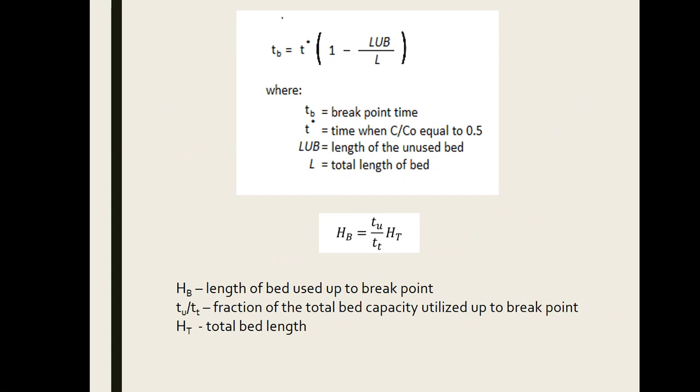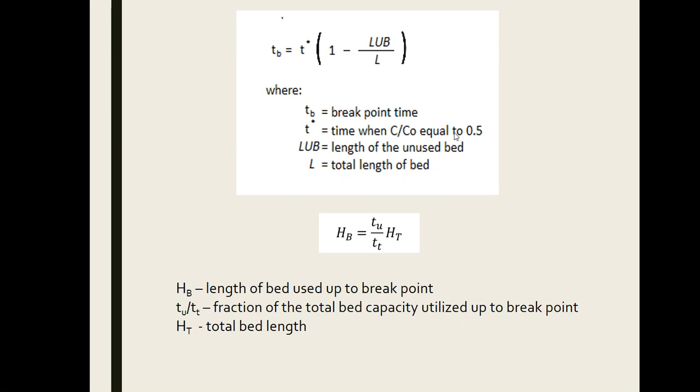Now, I have here a formula, since adsorption problems, even if you read your unit operations books, are mostly graphical in terms of their approach. There are problems that could be directly utilized in determining the breakpoint time. And the time here is given as T asterisk, which is the time when C over C0 is equal to 50%.